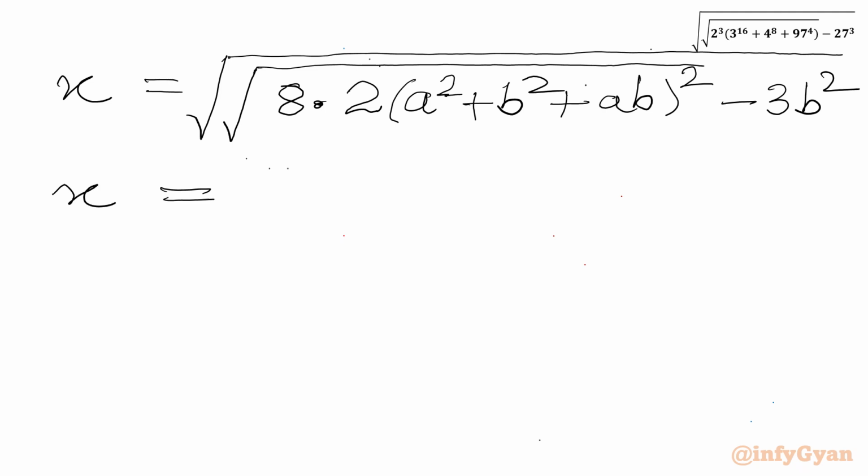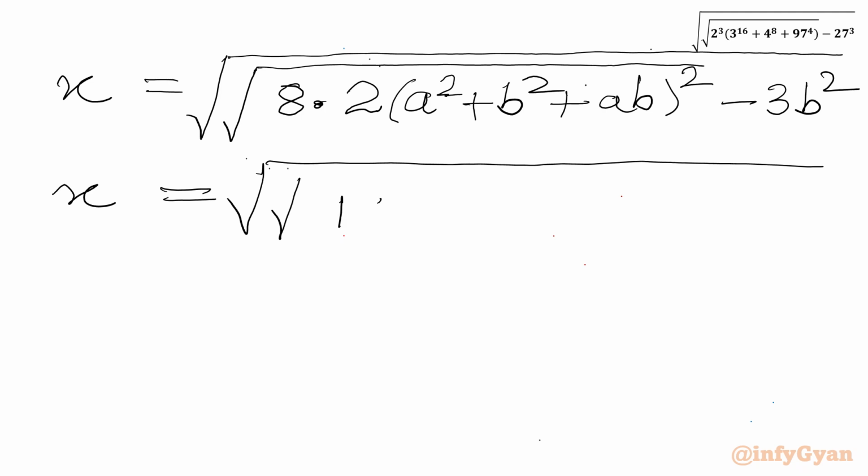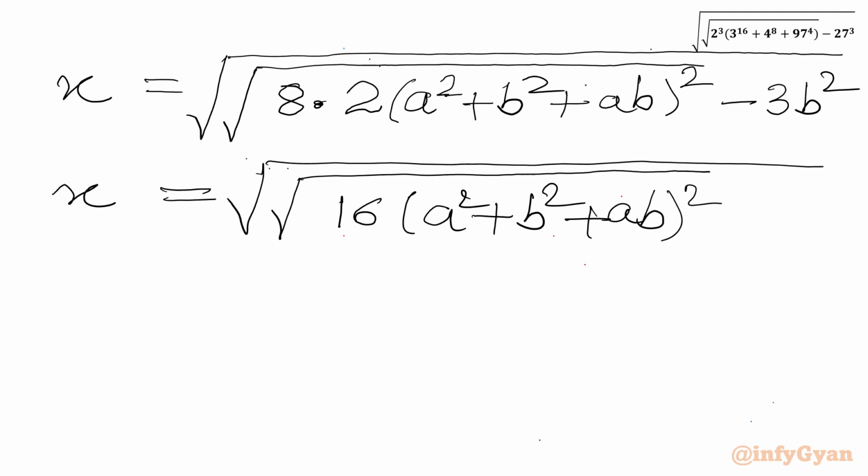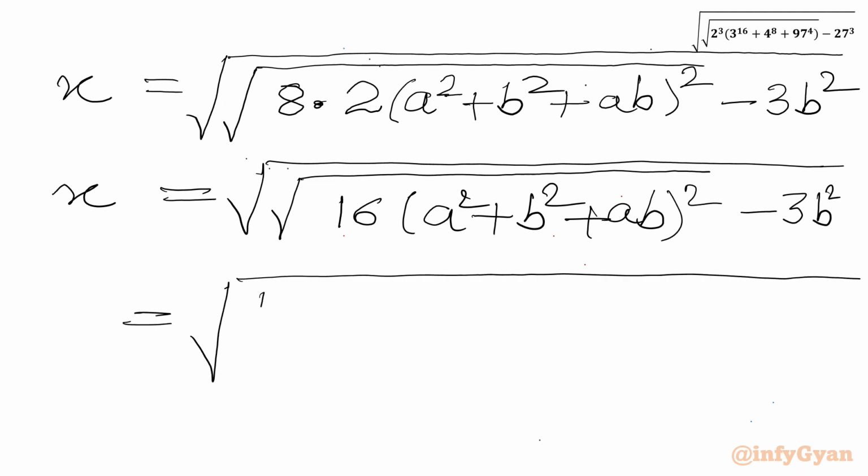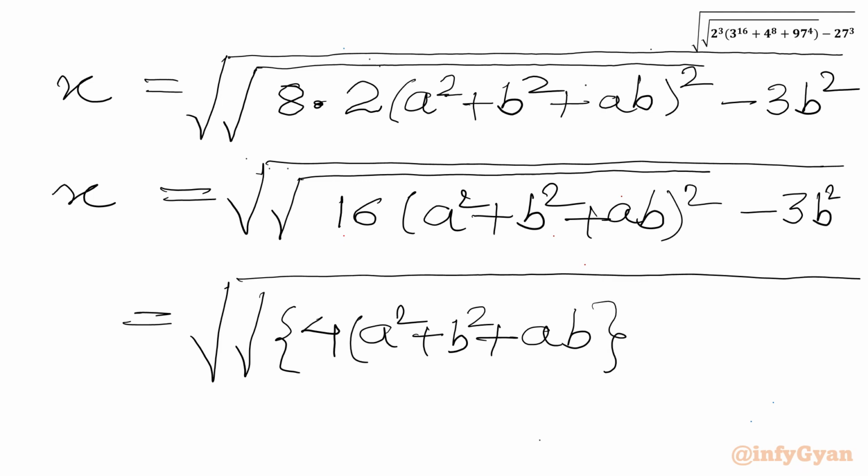So I can write x will be equal to square root of 16 times a square plus b square plus ab whole square minus 3b square, which will be equal to square root of, we can write 16 as 4 square, and then we will put whole power to a square plus b square plus ab, and then we will put whole power to minus 3b square.